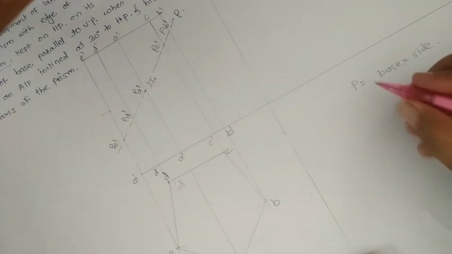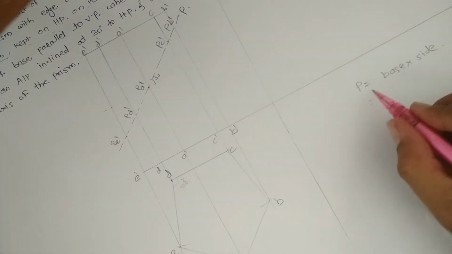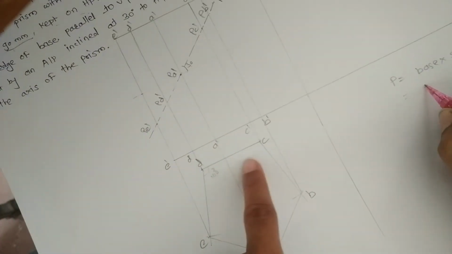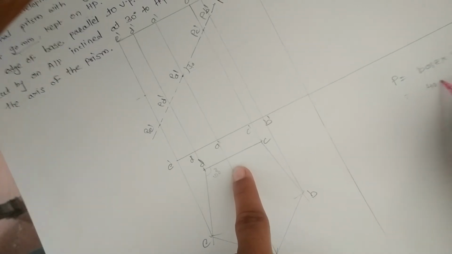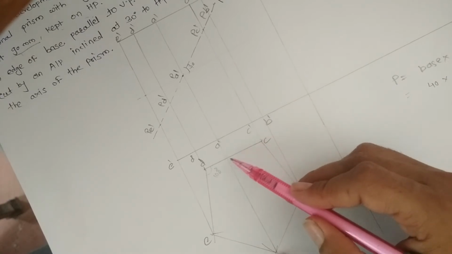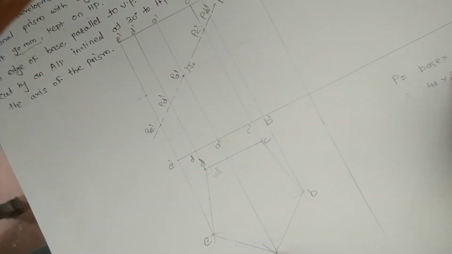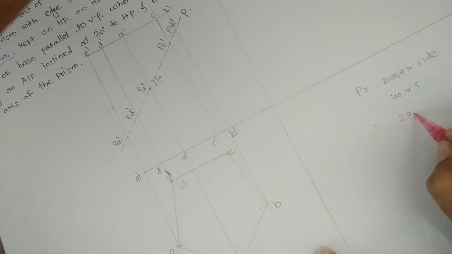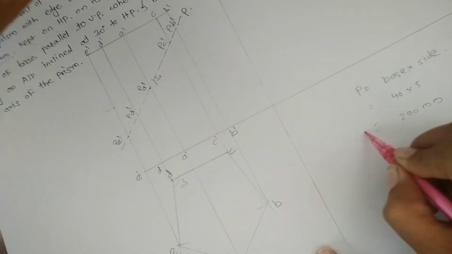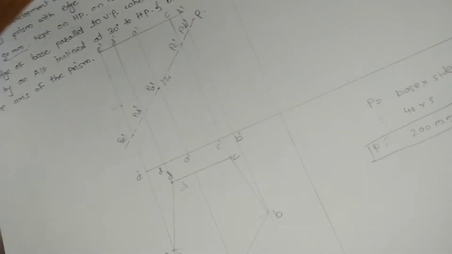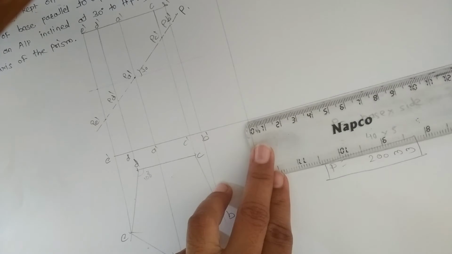Base means distance given in the problem, pentagonal base is 40 mm, into sides means this is a pentagonal prism, so sides are 5: 1 2 3 4 5. 40 into 5 is equal to 200 mm. Pitch is equal to 200 mm. Now take distance 200 mm.